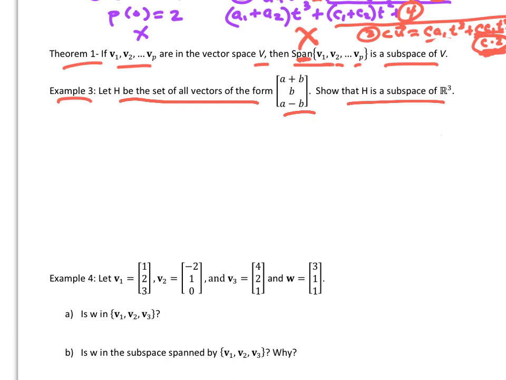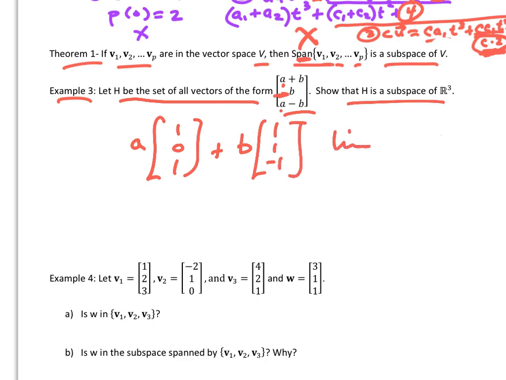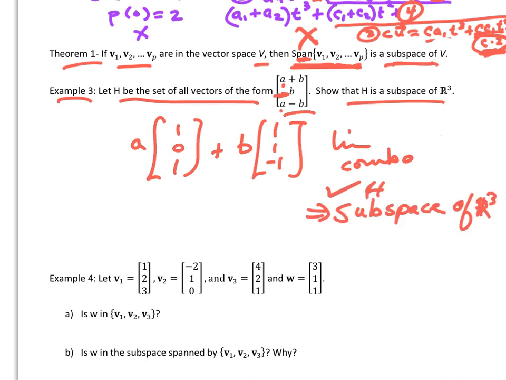And in fact, I can do that if I take A and multiply that by 1, 0, 1, which I get from these 3 values, and then I'm going to go plus B times 1, 1, negative 1. Oh, this is a linear combination. So with the linear combination, that means that I am going to span this, and so I'm going to be a subspace of V. So then H is a subspace of R3.